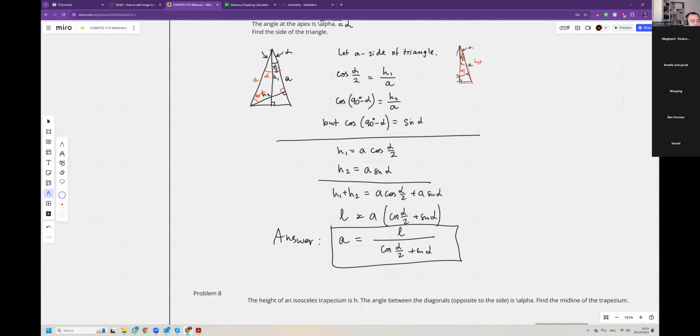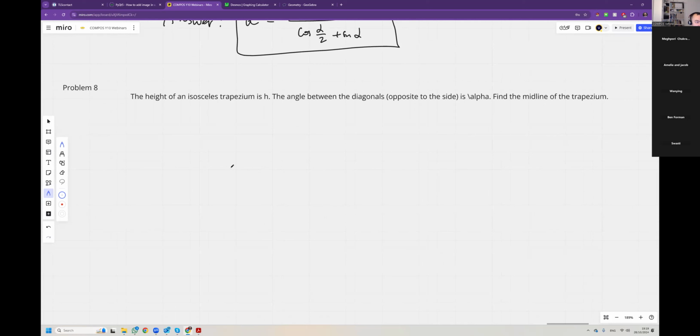Problem 8. The height of an isosceles trapezium is h. Okay, so we have an isosceles trapezium.